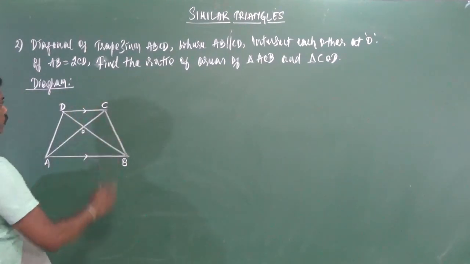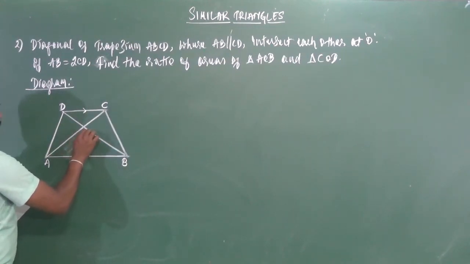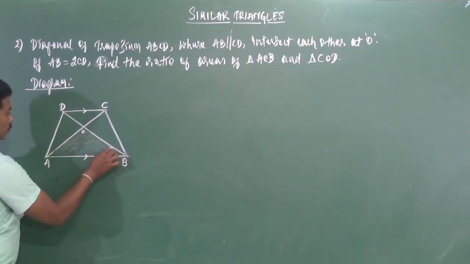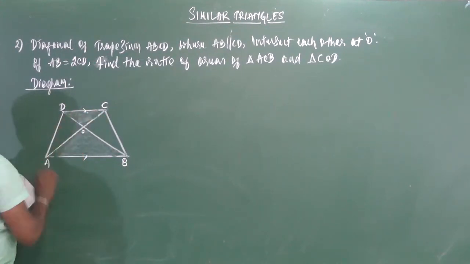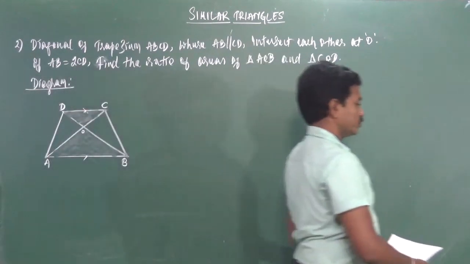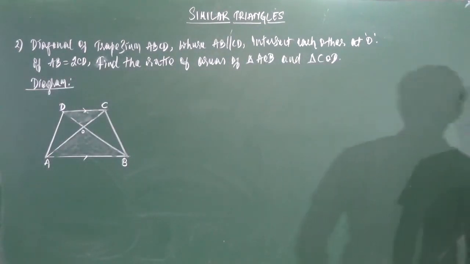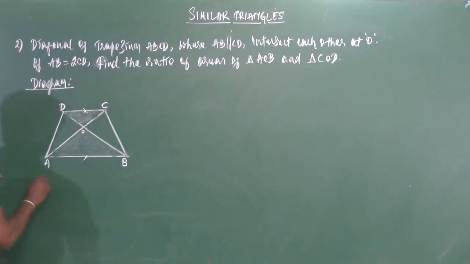So find the ratio of the areas of triangle AOB and triangle COD. You can identify triangle AOB here, and triangle COD here. Let us get into the data.